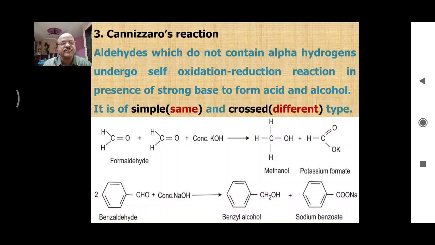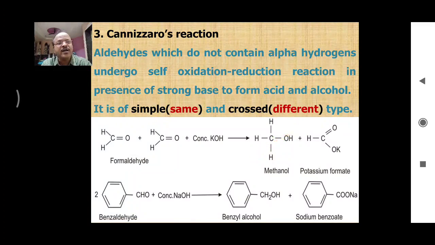Two molecules of the same aldehyde, here formaldehyde, and the second molecule is also formaldehyde, undergo self oxidation reduction in presence of strong base, for example concentrated KOH, and there is formation of potassium formate, which is ultimately converted into the acid, formic acid, and this is the alcohol, methanol.